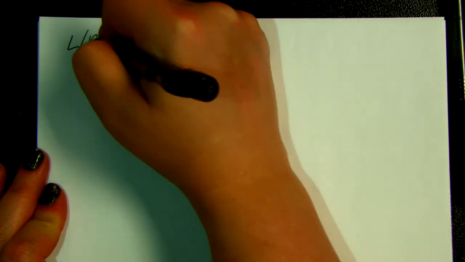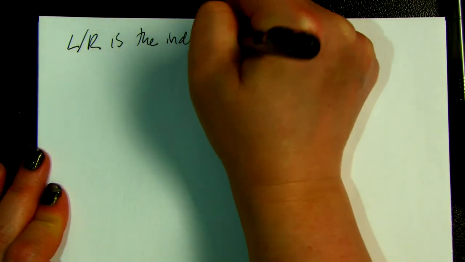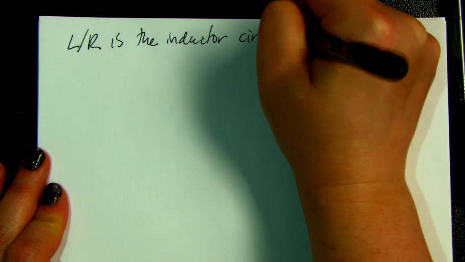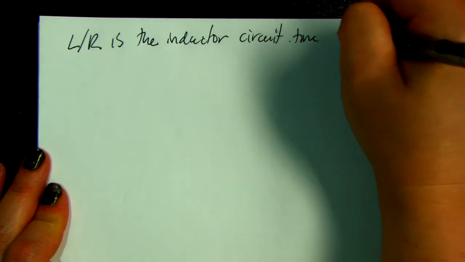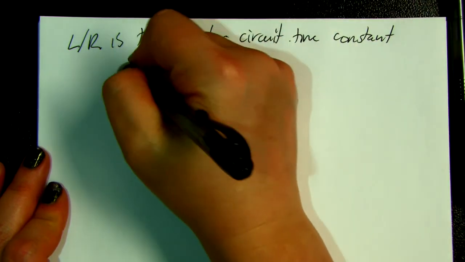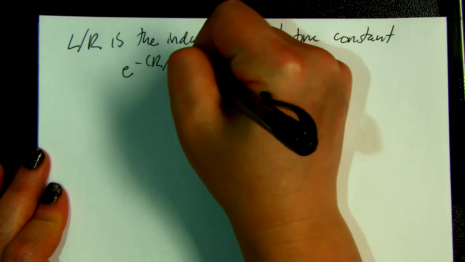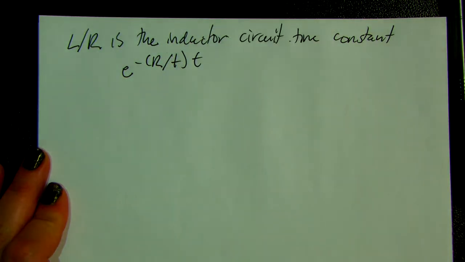So L over R is the inductor time constant. e to the minus R over L times t.